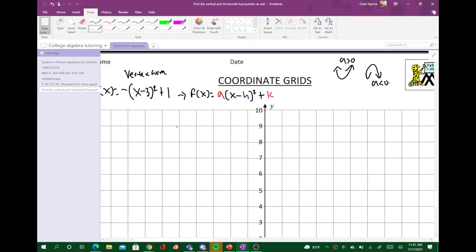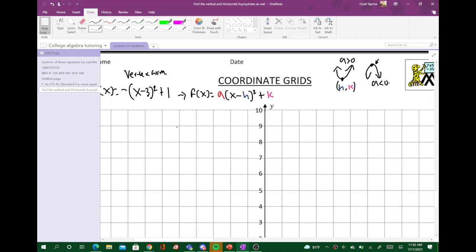And the vertex is always the middle point of your parabola. So the vertex is always going to be h, k. In reality, this point here is h comma k, like this, right?